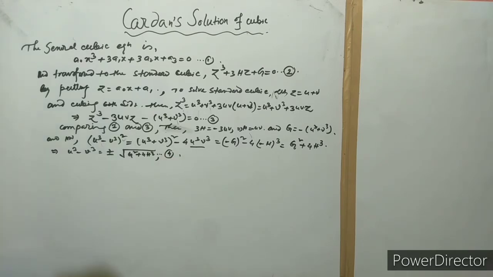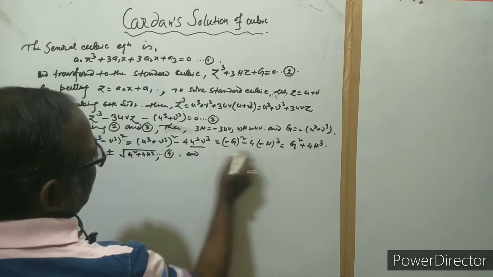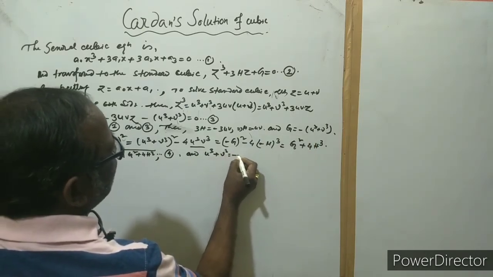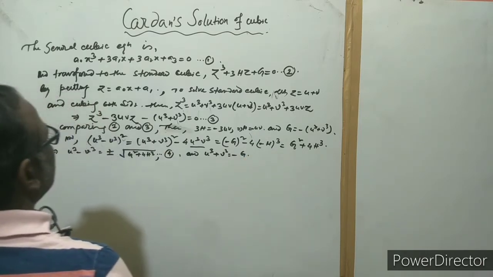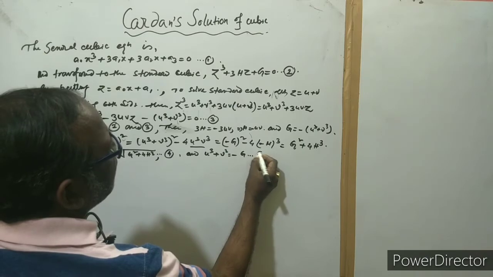And here u cube plus v cube equals minus g, and let us assume this is 5.